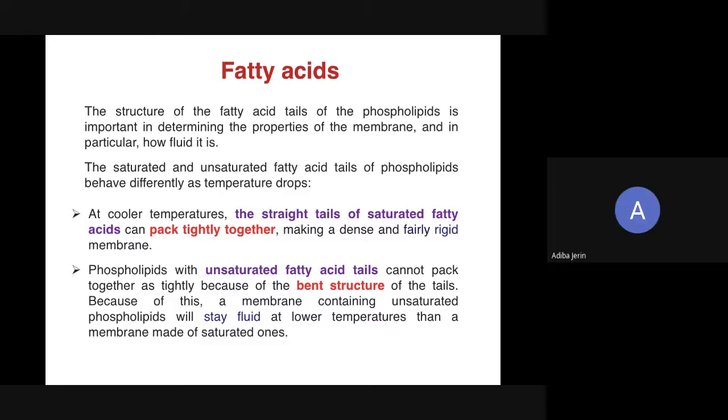The saturated fatty acids won't be packed tightly together. They won't be as compacted. I think that's lipids. So if you heat the lipids, they will move, right? Maybe. Like if we heat the oil, yes, their level increases, right? Yeah. So with the rise of temperature, the fluidity of the membrane will increase, isn't it?